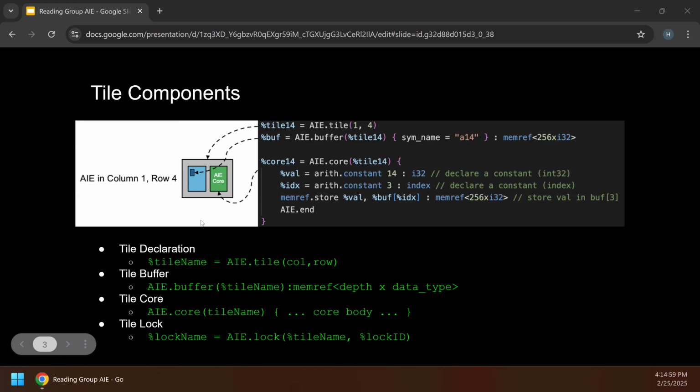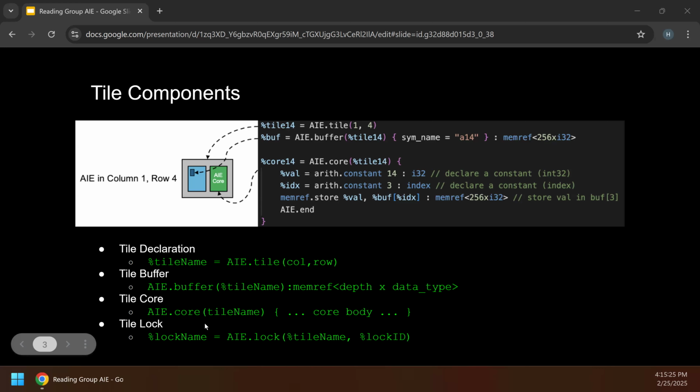memory modules. There is a third key component which is not shown in the code example here, called the lock, which is also a crucial component for synchronizing data between different tiles and also between tiles and the host controller.